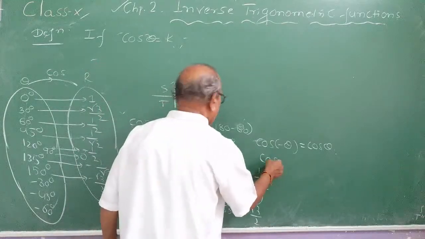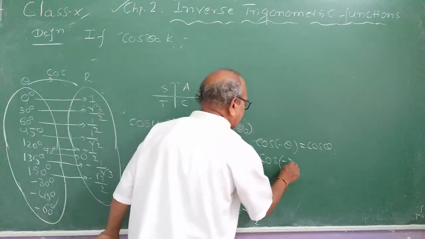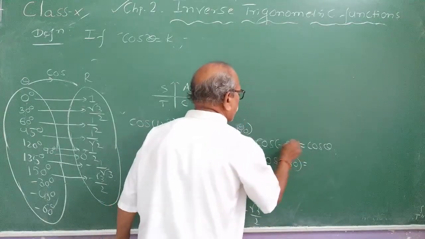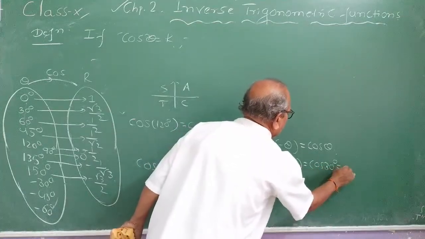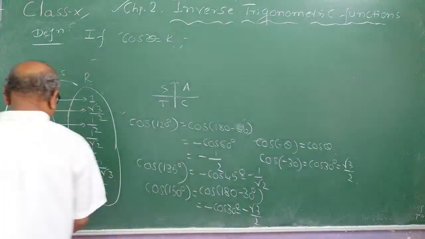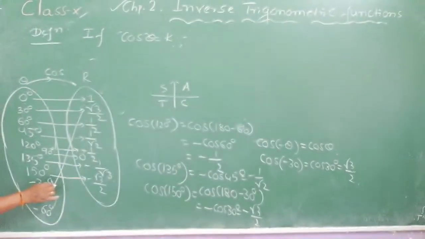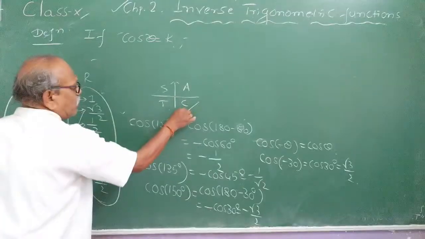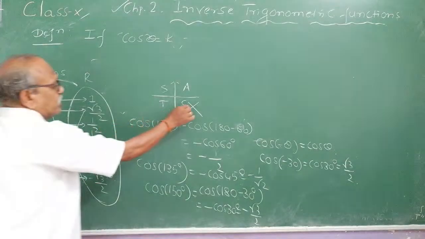Therefore, if I take cos minus 30, you will get cos 30. Cos 30 value will be root 3 by 2. If you take a minus here, cos minus 30, root 3 by 2 is present here again. This means if it comes to the fourth quadrant, one-one will be disturbed. It will be no more one-one if it comes to the fourth quadrant.